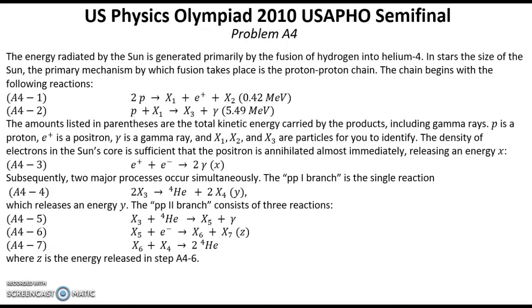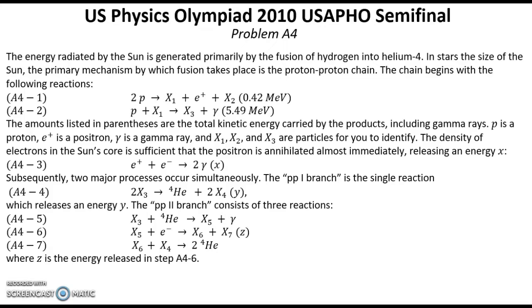The chain begins with the following reactions. First reaction, 2 protons go into element X1, positron E+, and element X2. The second reaction is proton plus element X1 going to element X3 plus gamma ray.